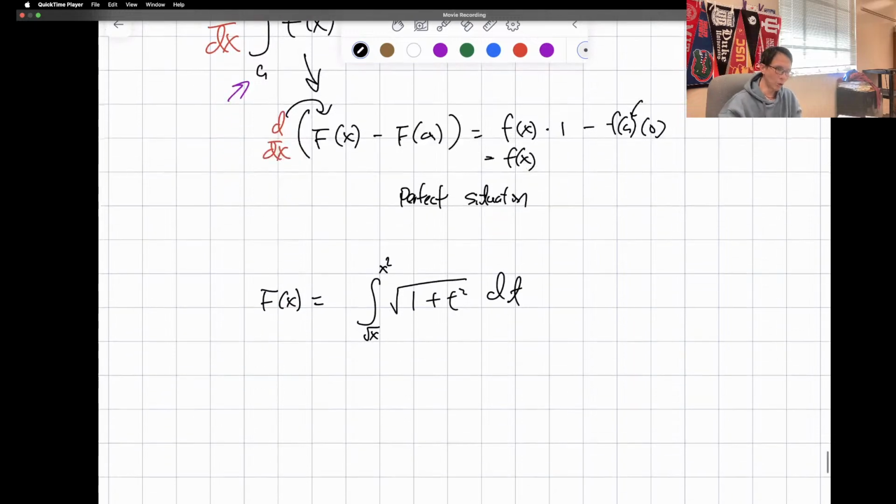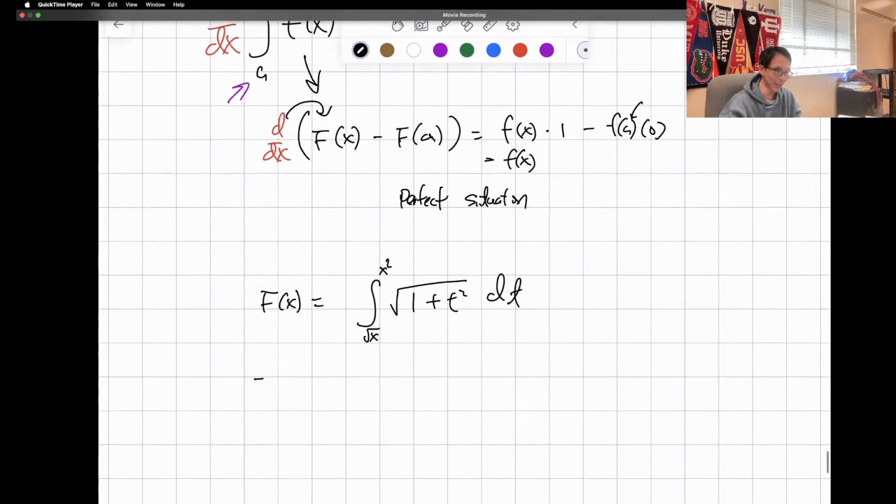So the whole goal, if I have this statement, I say, hey, can you find f prime of x? That means I have to take a derivative, right? So I'm going to take a derivative of the integral of this. This is the black part.